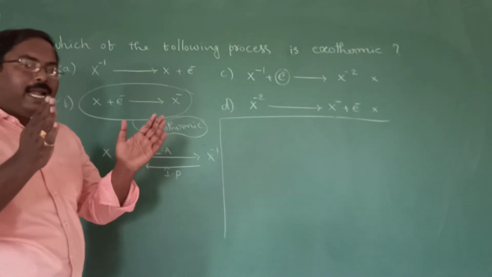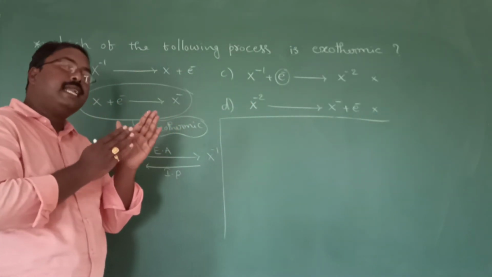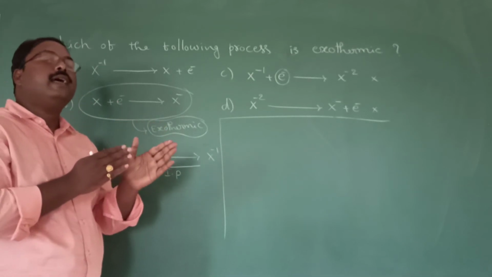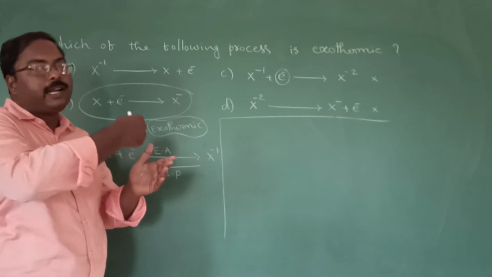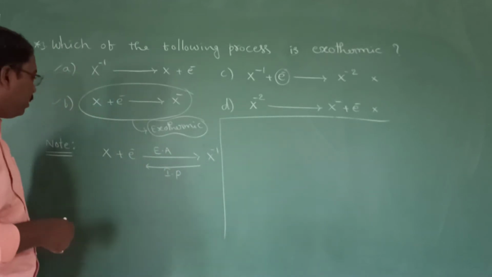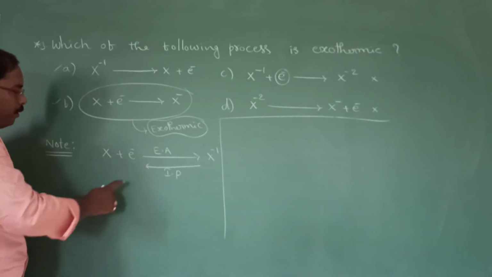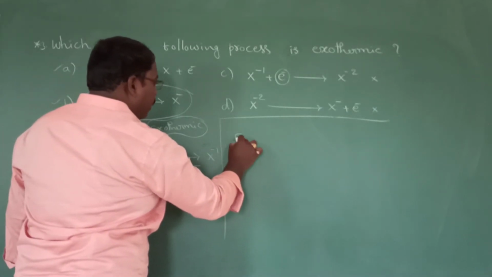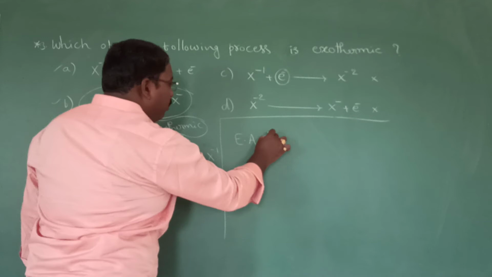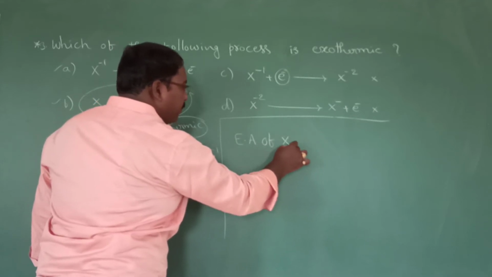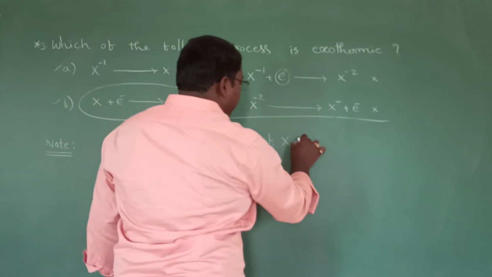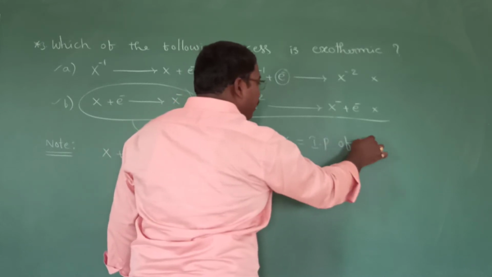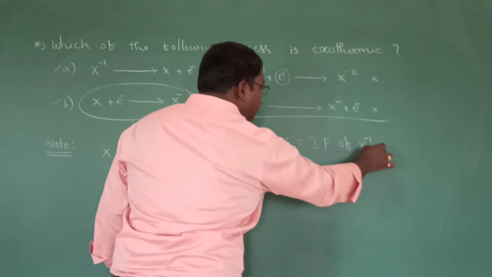When an electron is added to the outermost orbit, the energy released is exactly equal to the amount of energy required to remove the electron. So in a better way, we can represent this as electron affinity of x is equal to ionization potential of x minus 1.